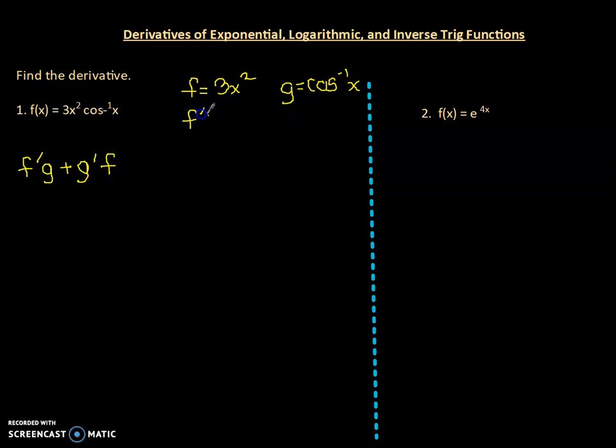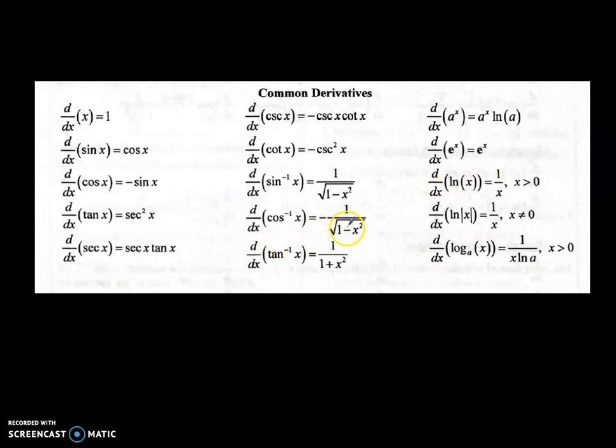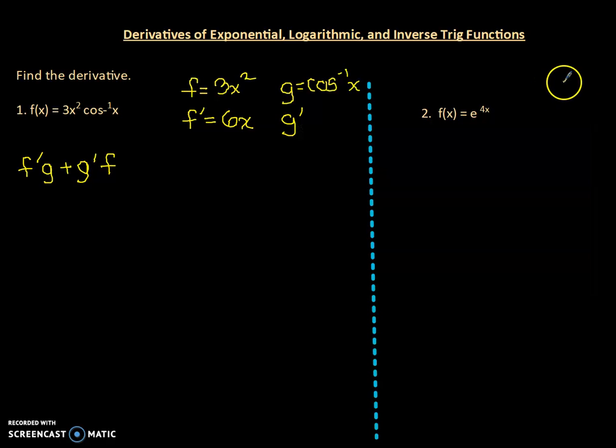So f prime would be, using the power rule, 6x to the first power. And g prime, if you look at the inverse, it gives you negative 1 over square root of 1 minus x squared. So we're going to note that down here. Then from here, I'm just going to replace each function with its respective expression.